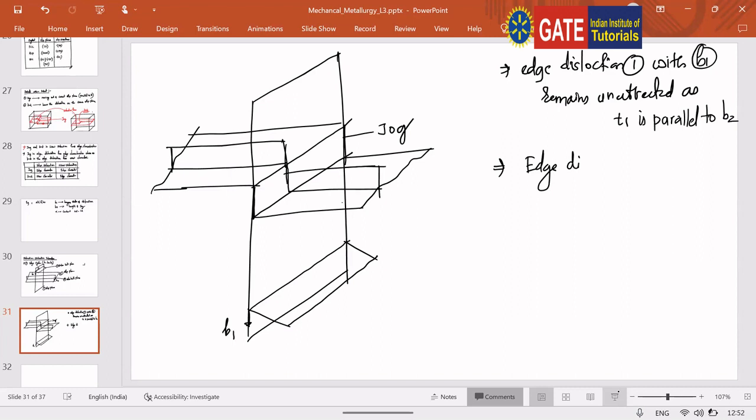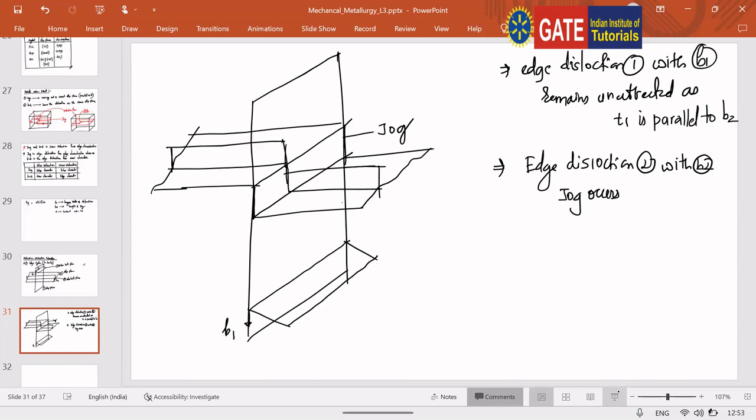This is the extra half plane that is remaining as it is. So in the edge dislocation 2 with a Burgers vector B2, what is going to happen? It creates a jog, or let's say a jog occurs.